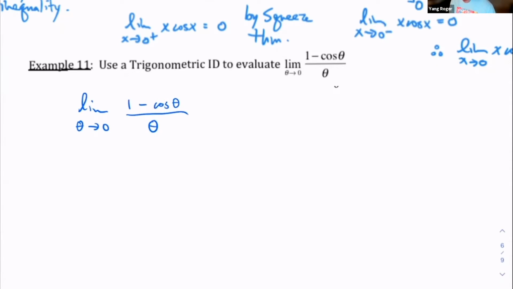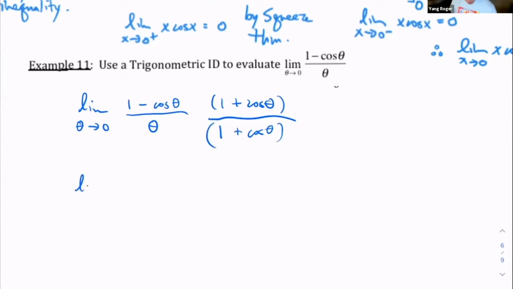So the conjugate is going to be 1 plus cosine theta, 1 plus cosine theta, like that. Okay. So now we have to distribute.